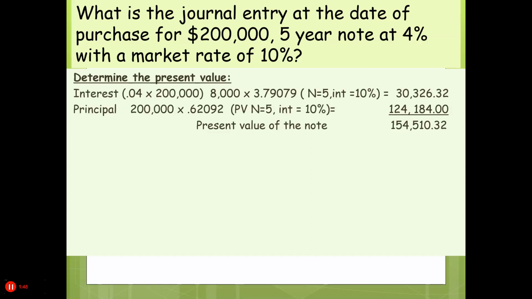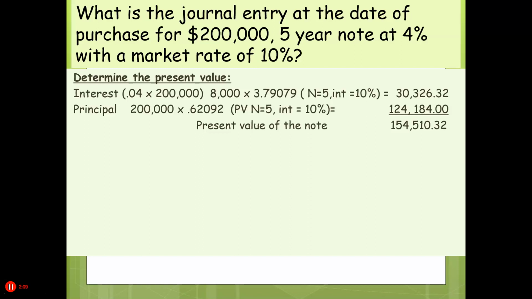That's the number of periods because it's annual, and the interest is 10% because that's the market rate. And that tells us the interest is worth 30,326.32.